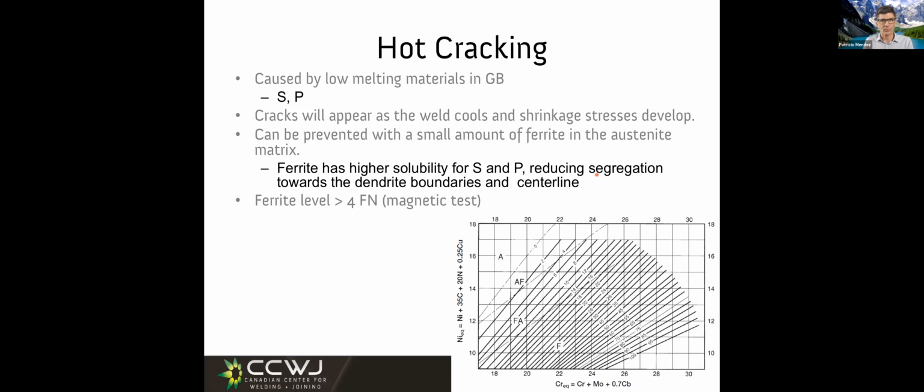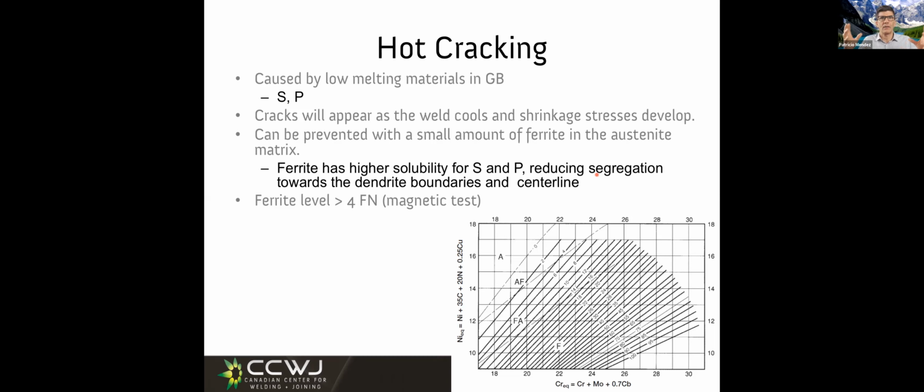Sulfur and phosphorus are not soluble in austenite. They don't like to be in austenite, but ferrite can suck up quite a bit of sulfur and phosphorus. Ferrite can, austenite cannot.